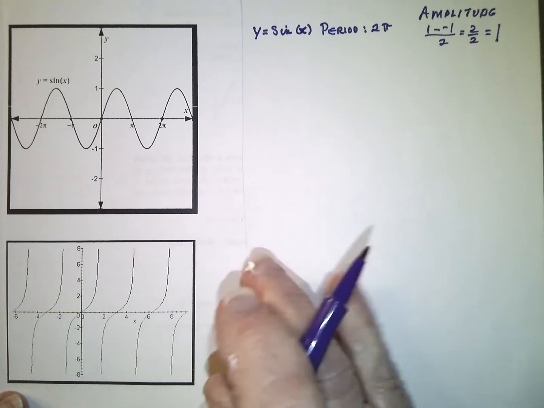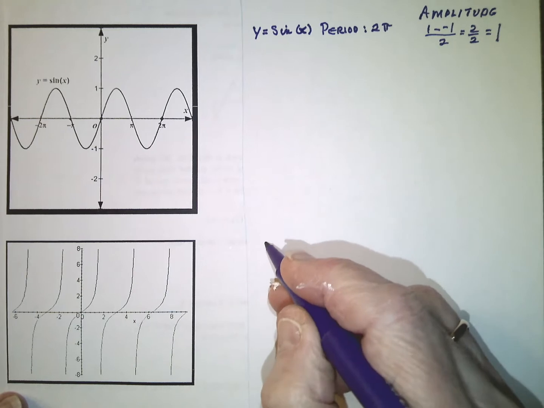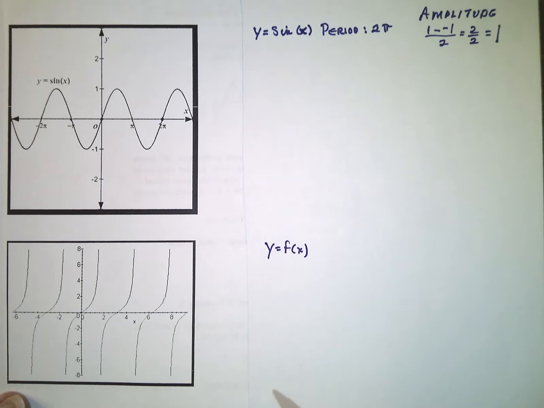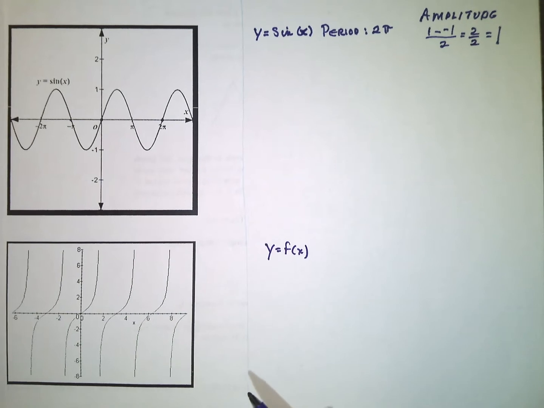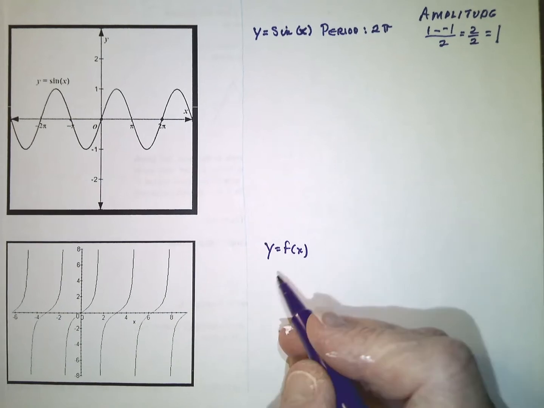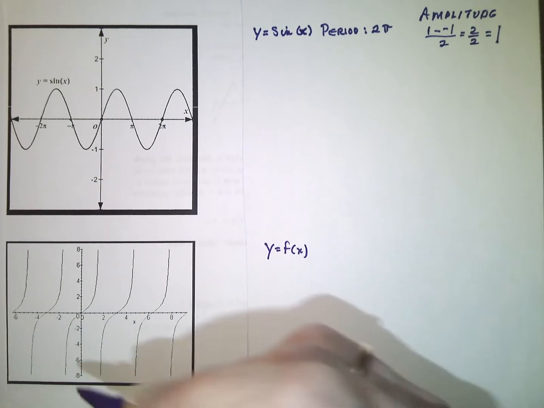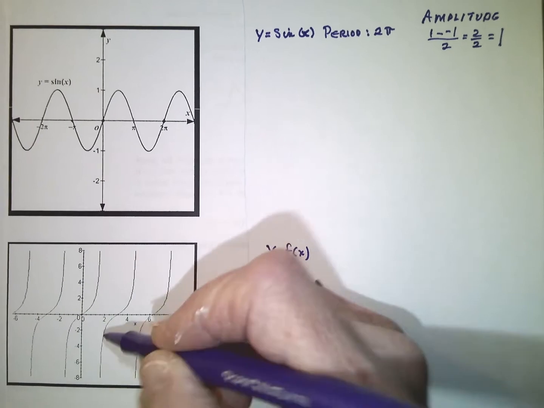The third graph is a little different. They didn't give us an identity, so I'm going to just call it y equals f of x. For the period, well, it's hard to tell because it's got all these vertical asymptotes happening.